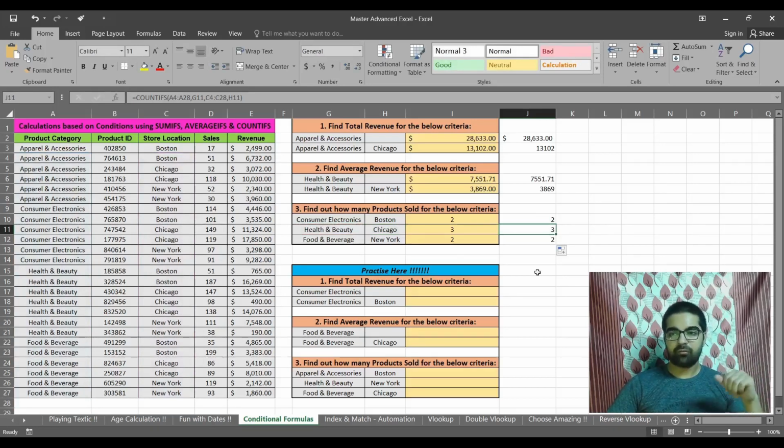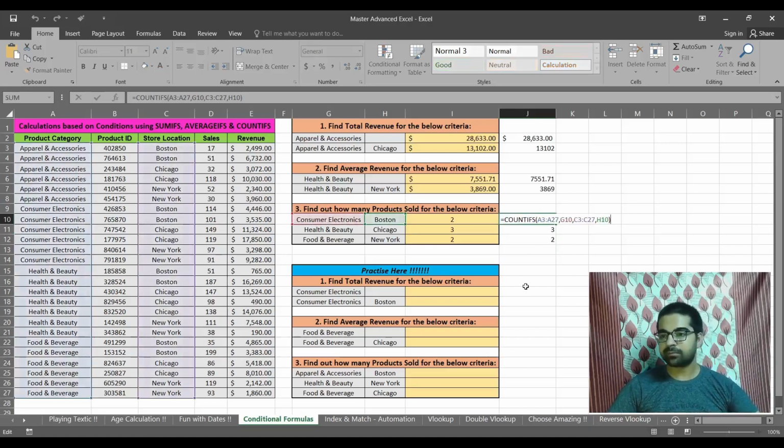Okay, if you want to do like this, keep the data in dollar. I mean, fix the data. How you will fix the data? Select it, F4. This is our range. Fix the range. Okay, F4. That's it. Enter.